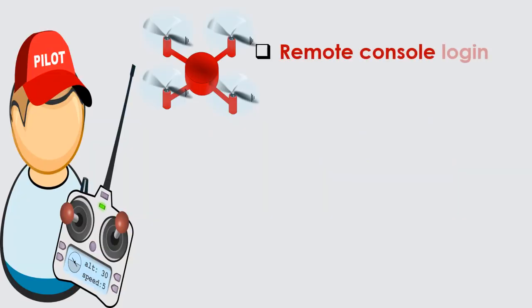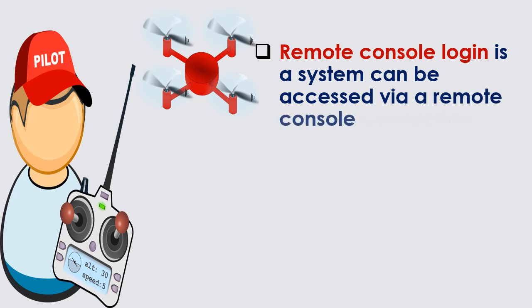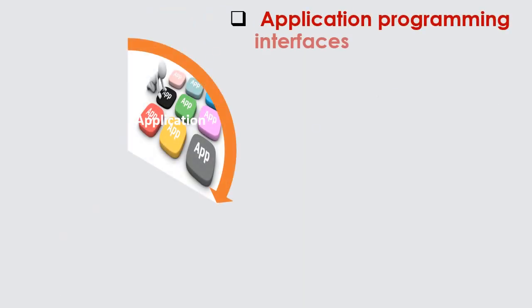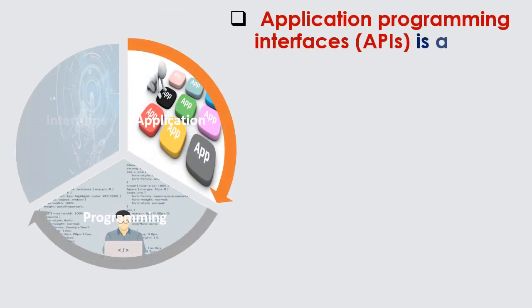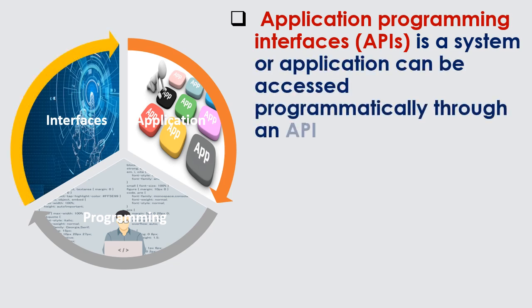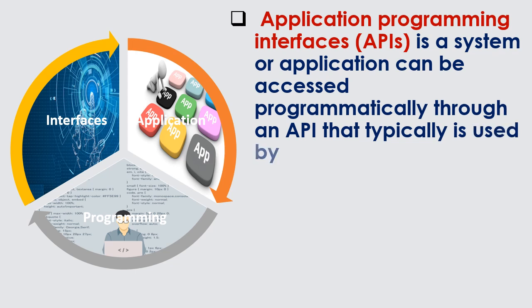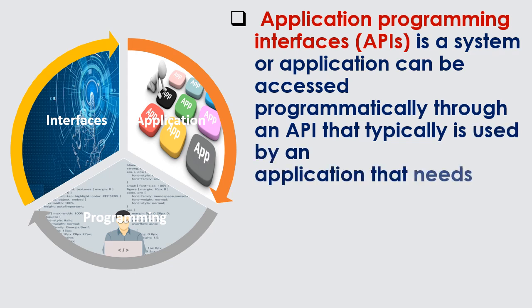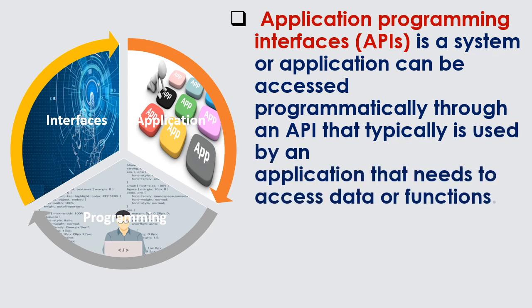Remote console login: a system can be accessed via a remote console connection. Application programming interfaces, APIs: a system or application can be accessed programmatically through an API that typically is used by an application that needs to access data or functions.